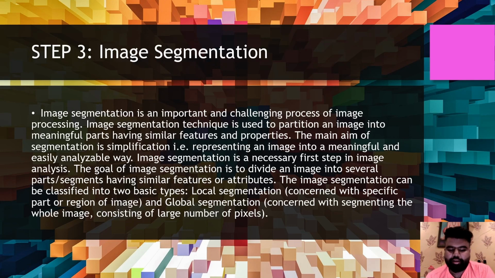This can be done by dividing the image into multiple segments or regions, as I told you, each corresponding to different objects or parts of the image. The end result of segmentation is a binary image, where all the background pixels are set to 0, while plant pixels are set to 1 or 2.